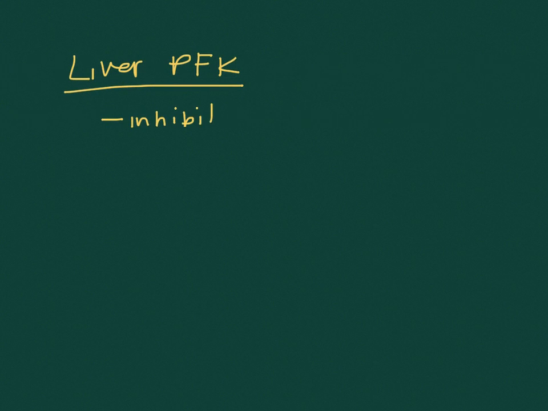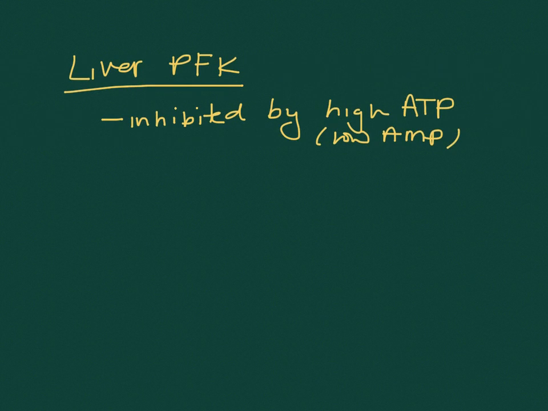All right, just to summarize for everybody, in the liver, PFK is going to be inhibited by high ATP, low AMP.